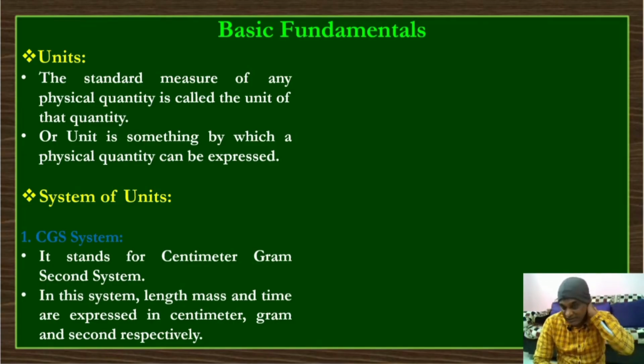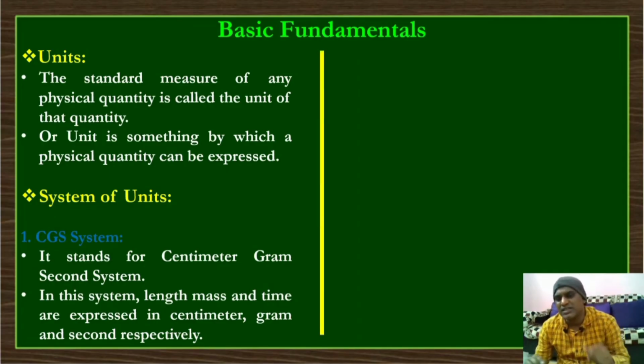Length, mass and time are very important physical quantities, and everywhere one of these will be there. That is why the systems are expressed in these three physical quantities. This CGS system is mostly used by the Americans.